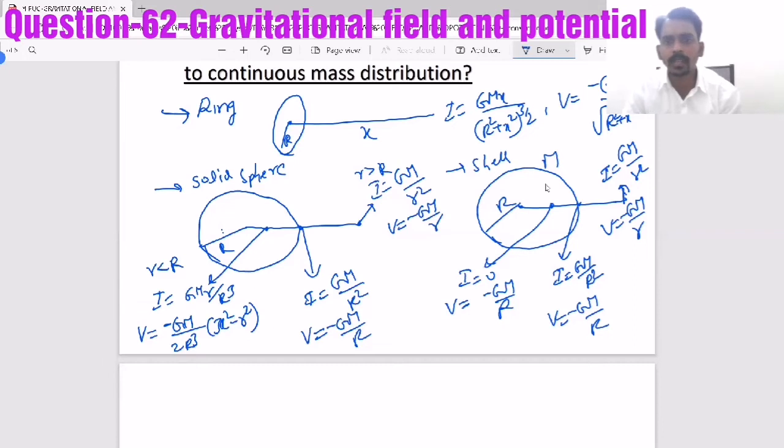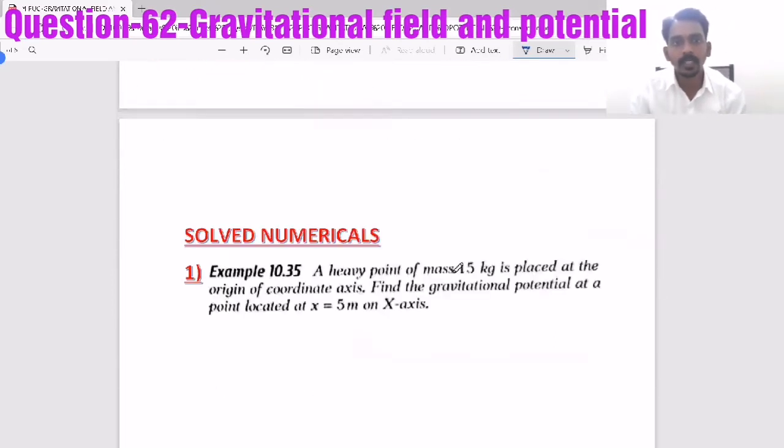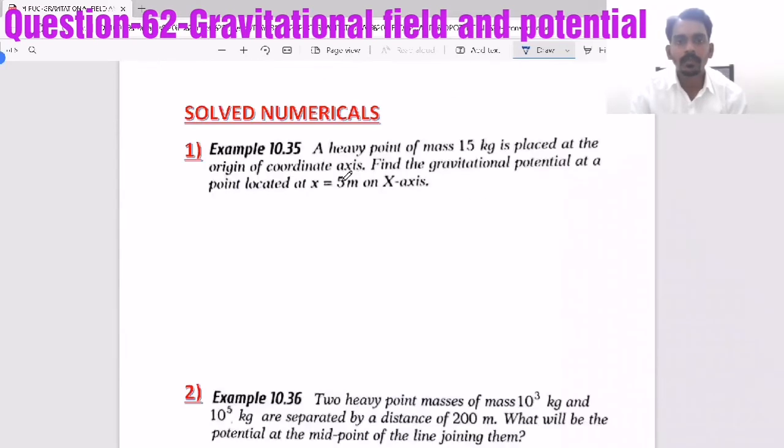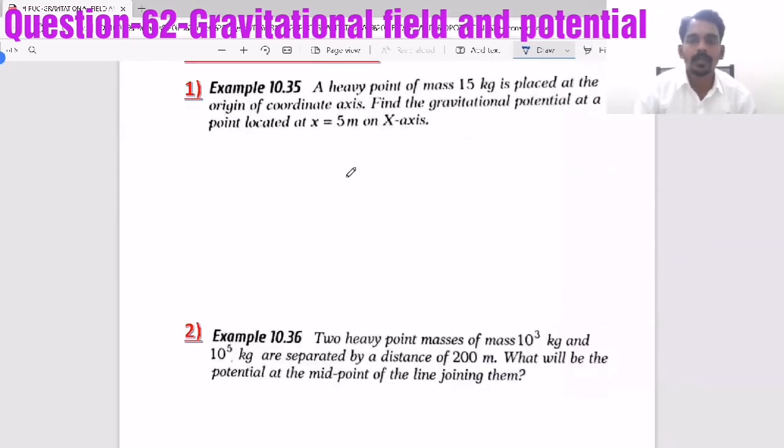So these are the three objects. Usually they will ask based on which field and potential, because these are what? Continuous mass distribution. Mass is distributed over a particular area or length or volume, then we call it continuous mass distribution. Then let's see few examples based on whatever we have seen.